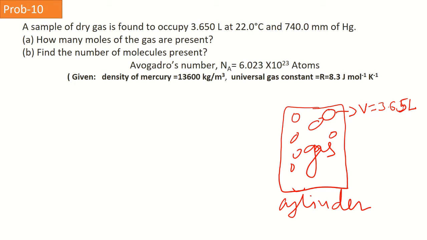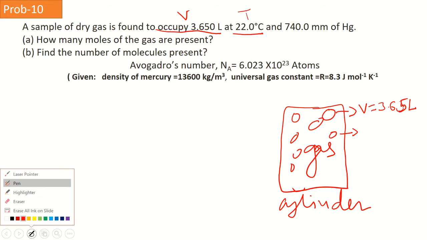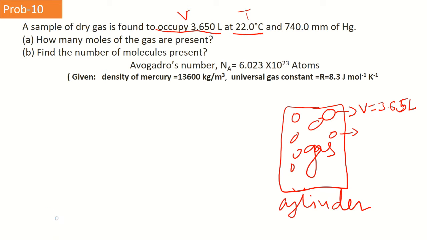This is the volume of the gas, 3.65 liter. So a sample of gas is found to occupy this. So I have written here volume. At what temperature? So this is the temperature of the gas given here.